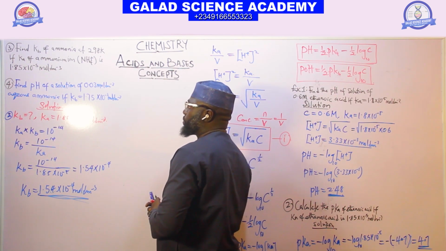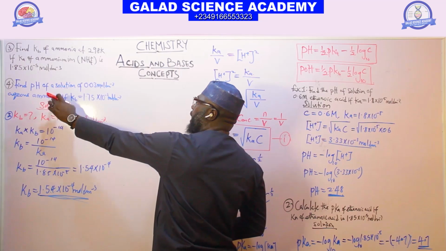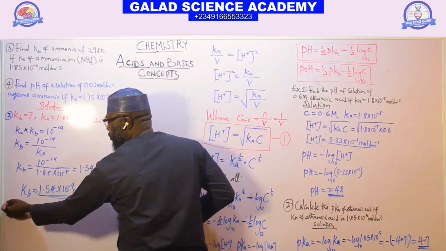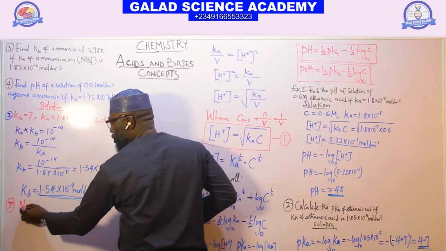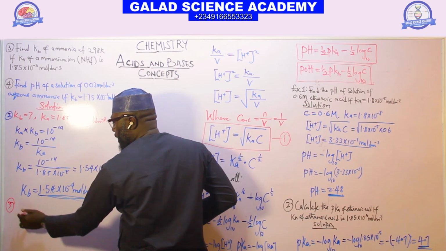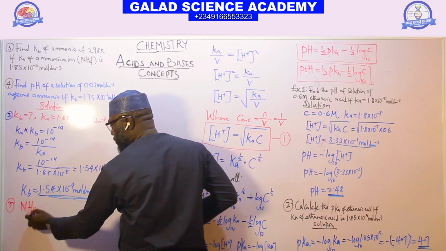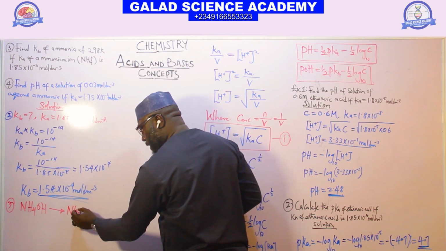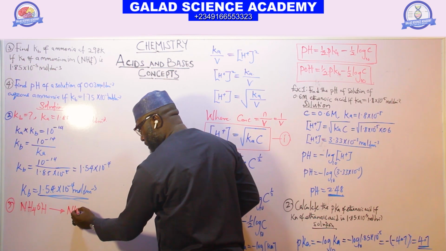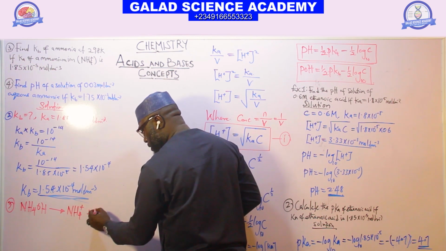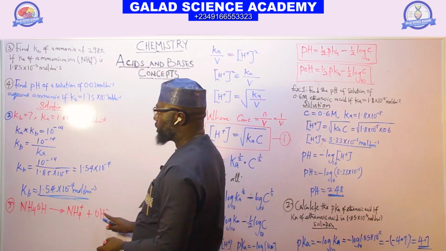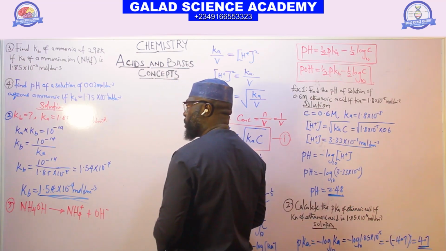For this kind of question, you first of all note that aqueous ammonia is a base, and this should be the equation for it: NH4OH ionizes to NH4 plus and OH minus. So we are going to find the concentration of hydroxide here.